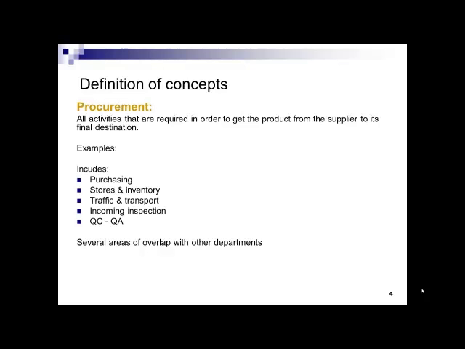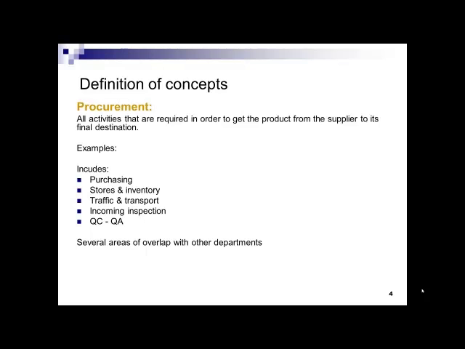So a few examples of the sort of thing which procurement covers. Of course, it is the actual purchasing, buying the stuff, finding it, but it also could cover things like stores and inventory. Are you going to use the stuff as soon as it arrives at your premises? Are you going to hang on to it for a while? If the supplier can only deliver before the item is actually needed, are you going to store it?